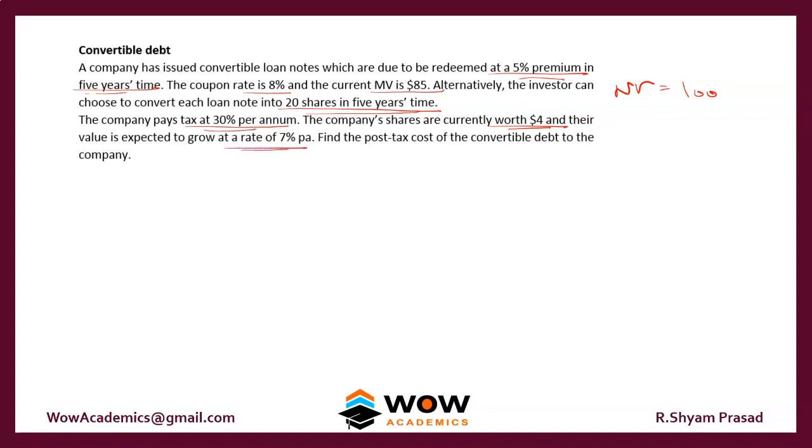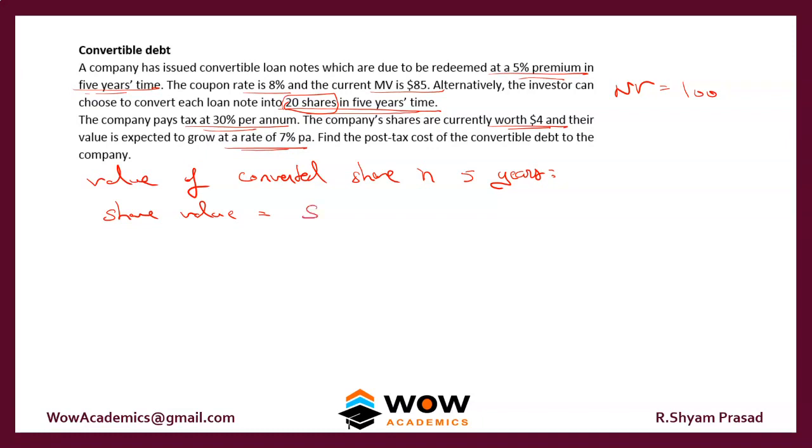Okay. So first, we'll find out the convertible option value of converted shares in 5 years. So what would be its value? The share value: currently the shares are worth $4 and they will grow at a rate of 1.07 for how many years?